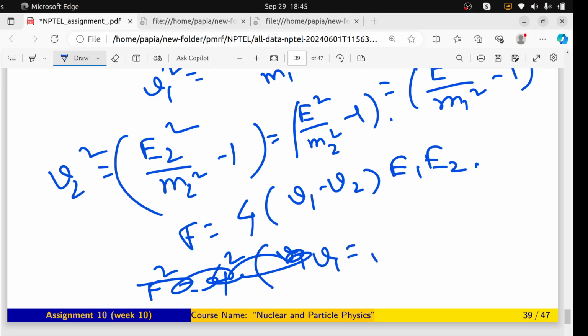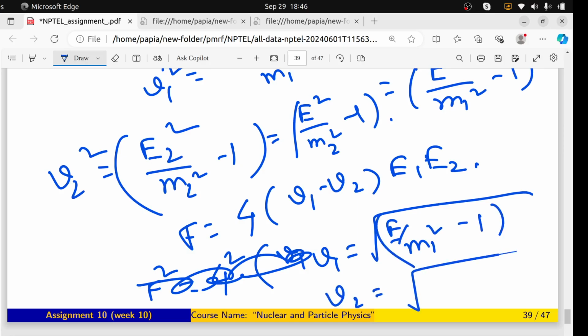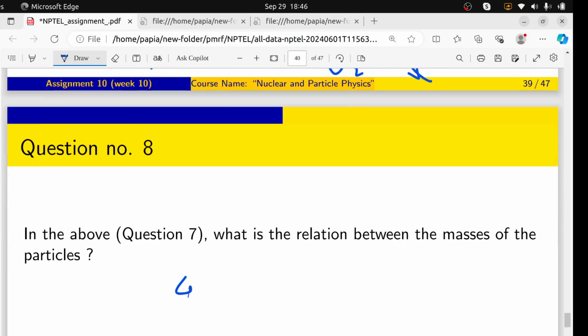So V1 is root over E square by M1 square minus 1, V2 is root over E square by M2 square minus 1. Okay? V1 minus V2, E1, E2.